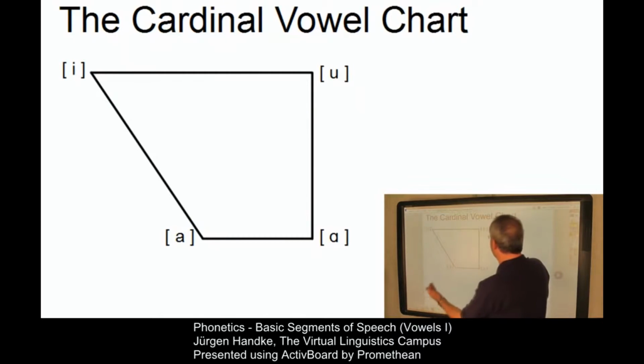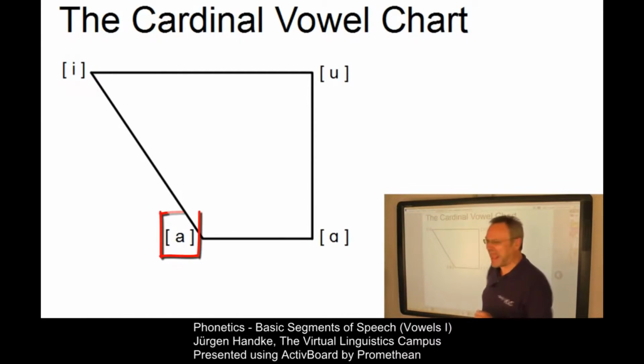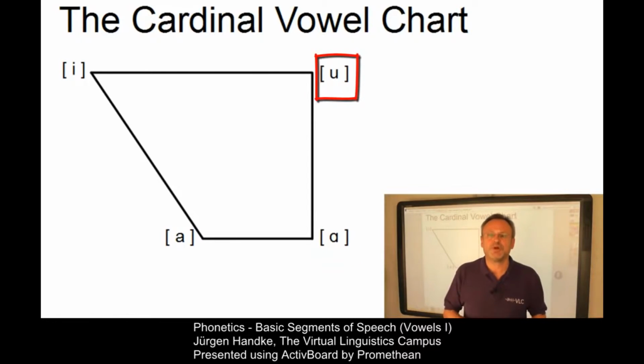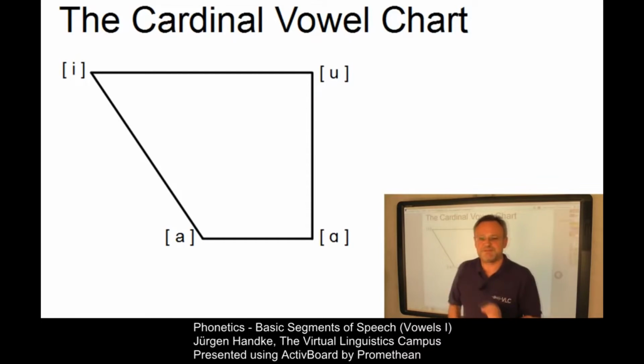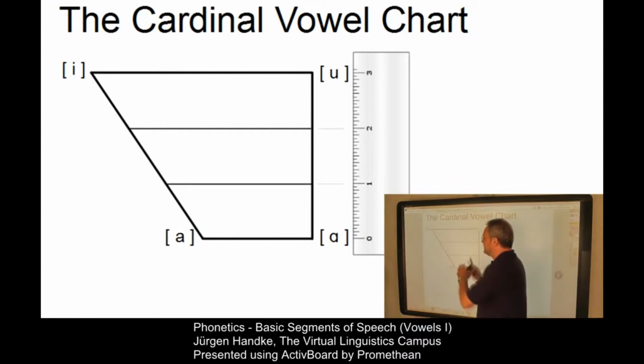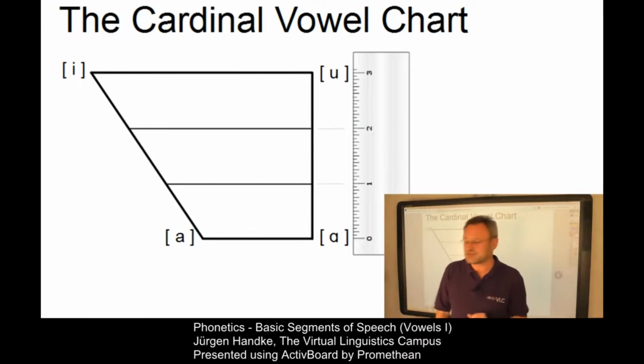So we get our 4 reference points of the cardinal vowel chart: E, which would be a high front vowel, A, which would be a low front vowel, O, which would be a low back vowel, and U, which is a high back vowel. Between these 4 main reference points, we can now insert 2 auditorily equidistant steps in terms of 2 horizontal lines and define further vowels.